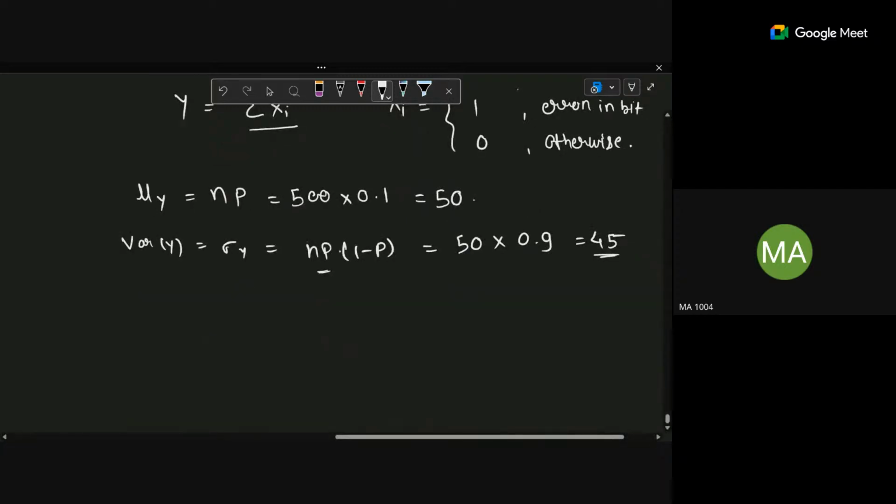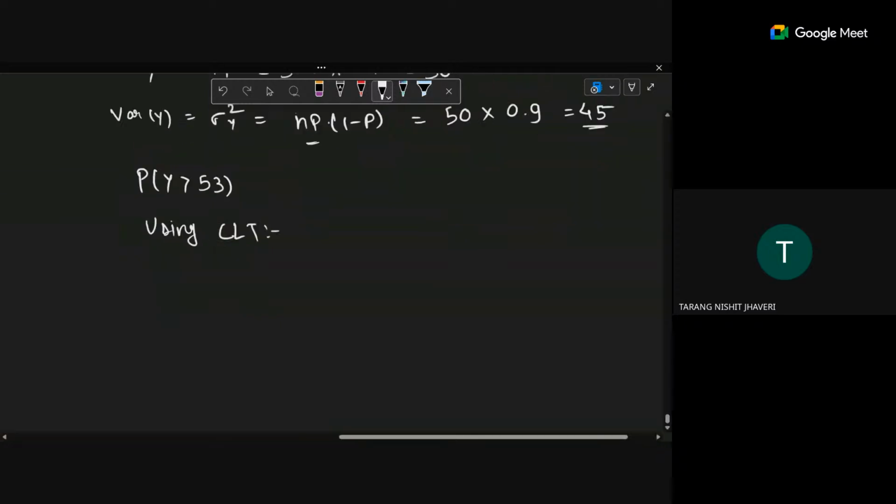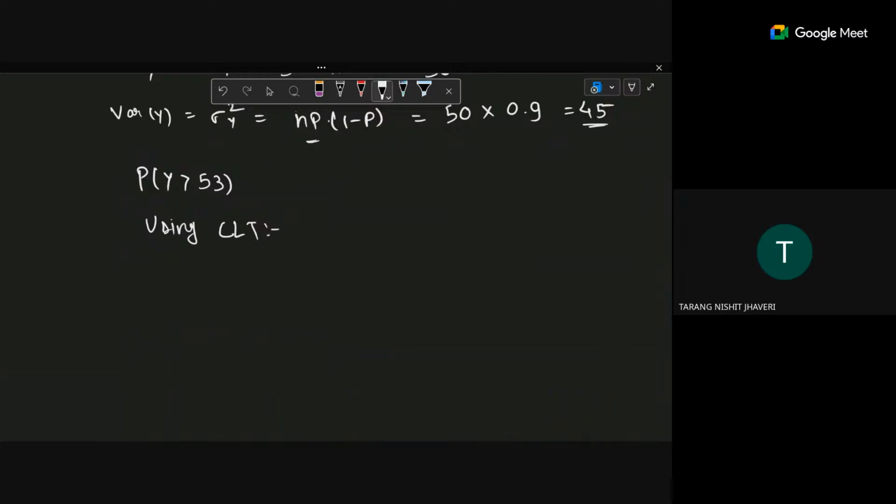Okay, so how to use CLT? We need to calculate the probability y greater than 53. Variance is sigma square, and now we'll subtract the mean and divide by the standard deviation. Y minus 50 upon root 45 greater than 53 minus 50 upon root 45.